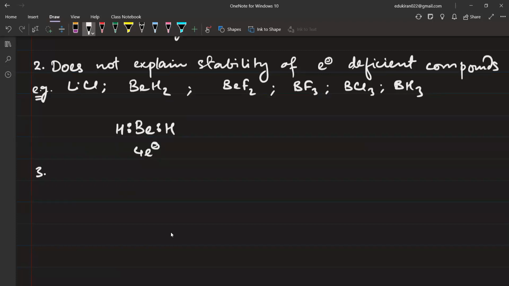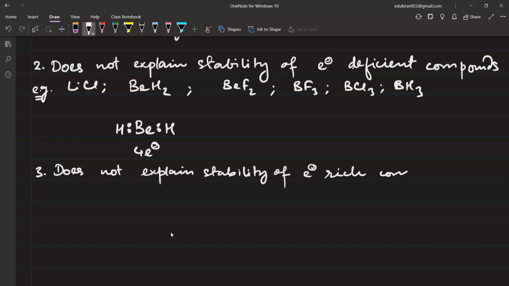Now right next, third is: does not explain stability of electron rich compounds. For example, what are electron rich compounds?